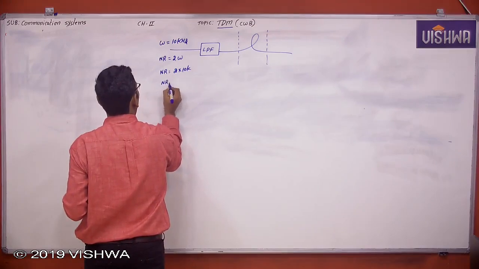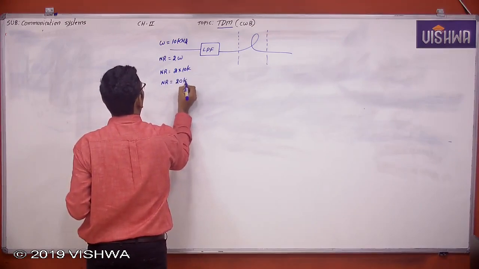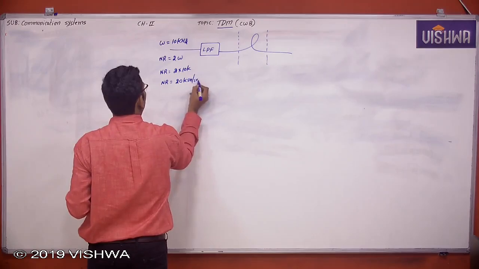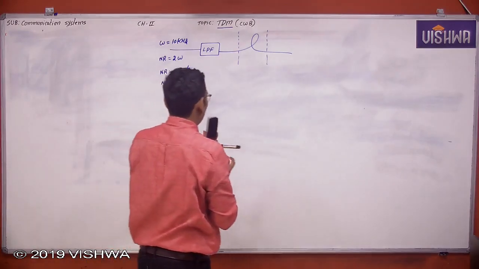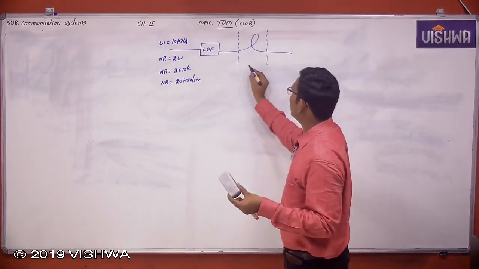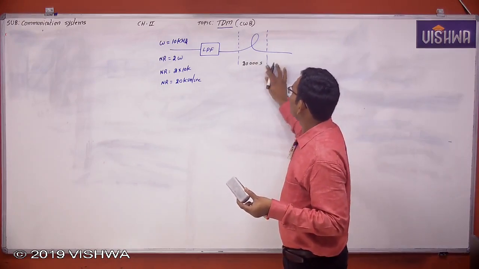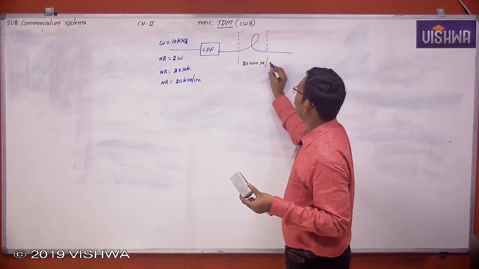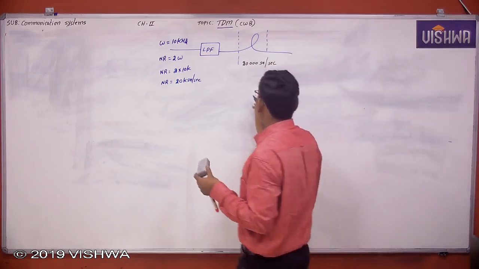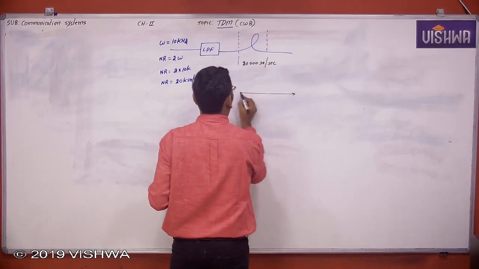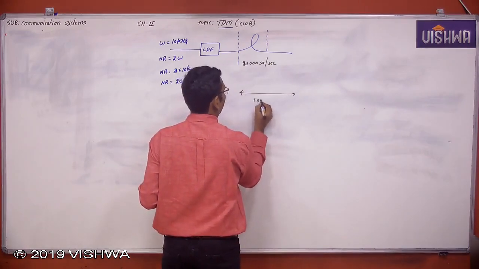Therefore the Nyquist rate is 20 kilo samples per second. So 20,000 samples are transmitted per second. Over a duration of 1 second, how many samples?